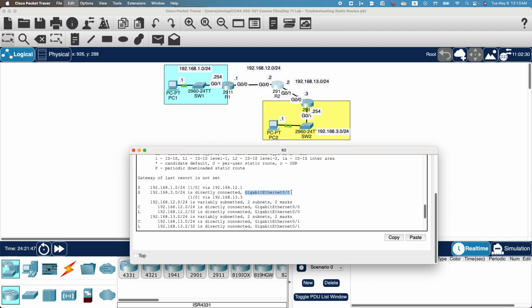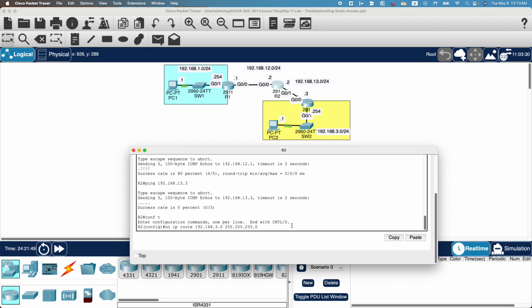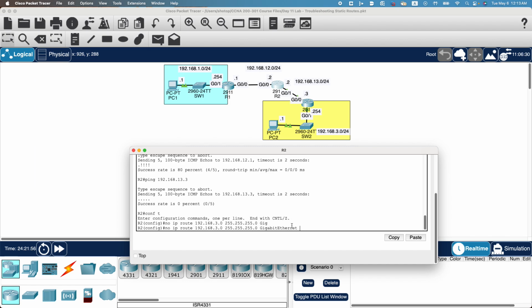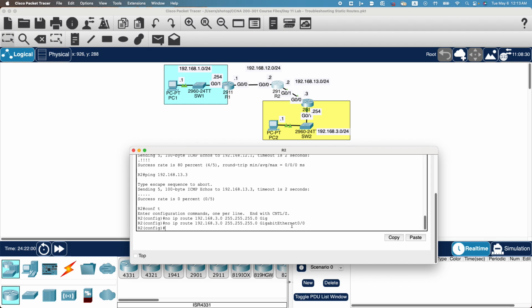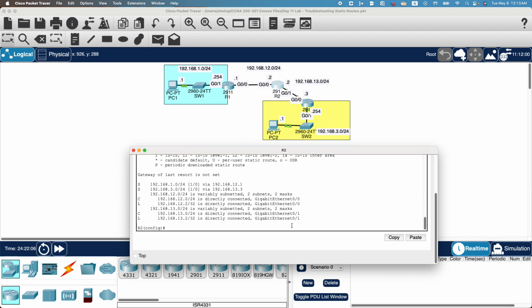That's what I've got to get rid of. That's wrong. Gigabit 0/1. Now, let's see. Do show ip route. Okay, that's good.